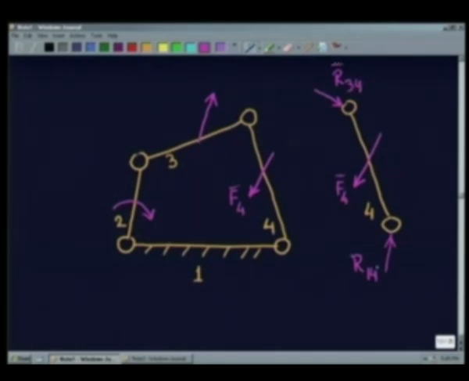Then the combined action of these reaction forces and the externally applied force is to keep the system under static equilibrium.